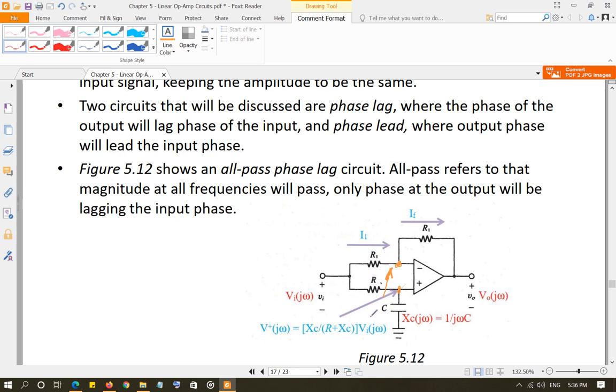Then we figure out the output using the inverting terminal. So I1 is equal to IF. V input minus V positive over R1 equals V positive minus V out over R1. So the R1 will be cancelled out.